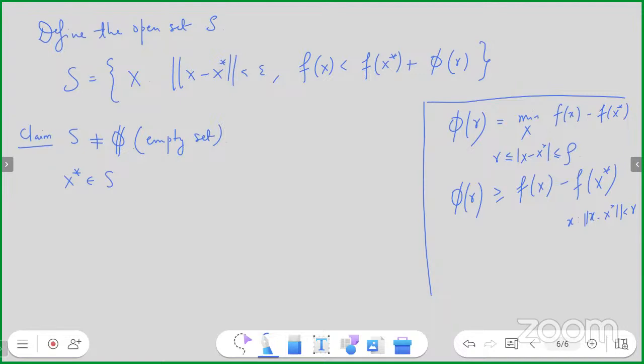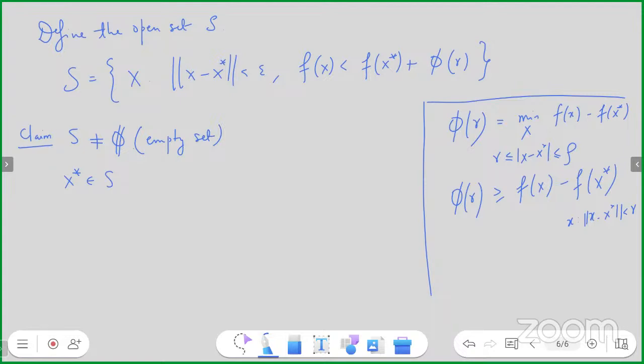Does x star satisfy that, first of all? Does x star satisfy f of x minus f of x star being greater than phi of r? See, phi of r by definition is greater than or equal to 0, so there is a strict inequality there.